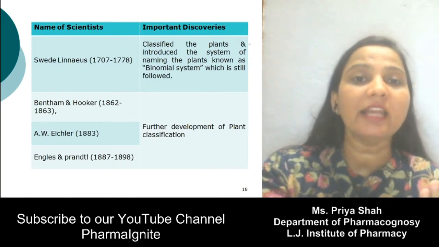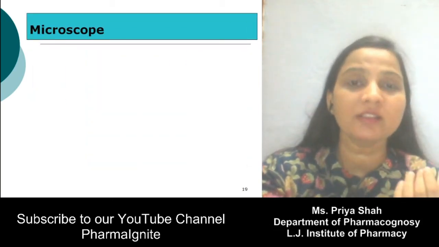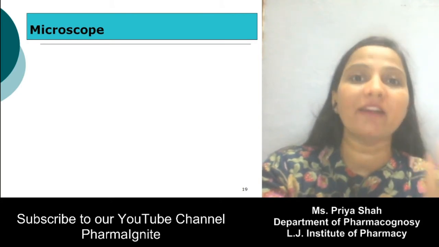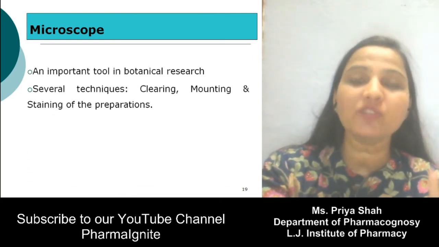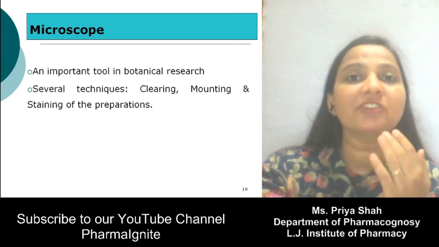These are the names of the scientists who developed the binomial system as well as the classification of drugs. Microscopy is an important tool in pharmacognosy which is used for the identification of drugs.